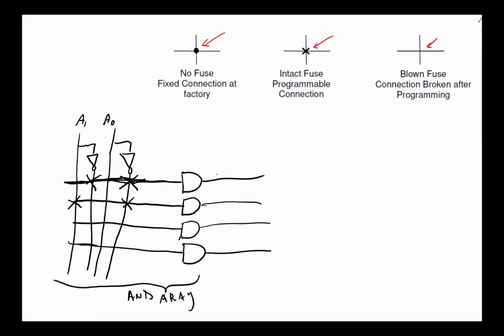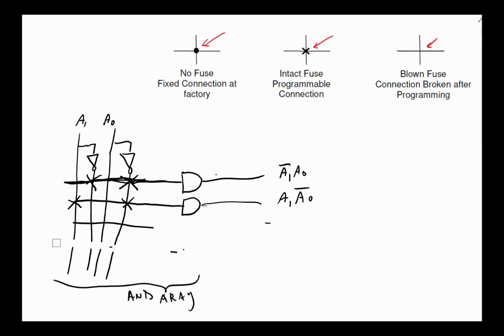So what comes out of here for this one is going to be, oops, let me put it at the end so it doesn't interfere with what I have to draw here. And here we would have A1 not, A0, and this line would be A1, A0 not. For this exclusive OR case, most likely I won't even draw these other ones because I'm not going to use them, so there's no point in drawing them.